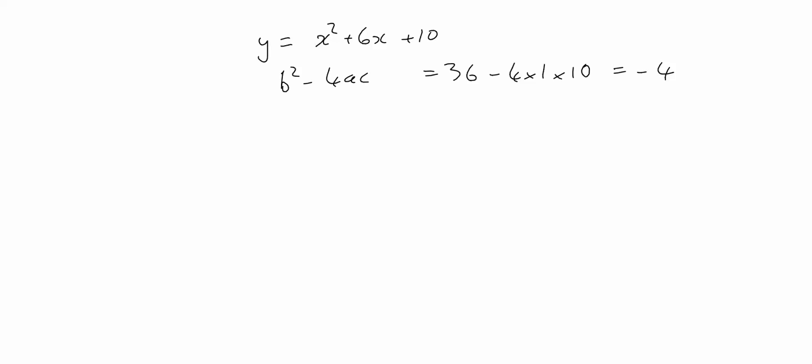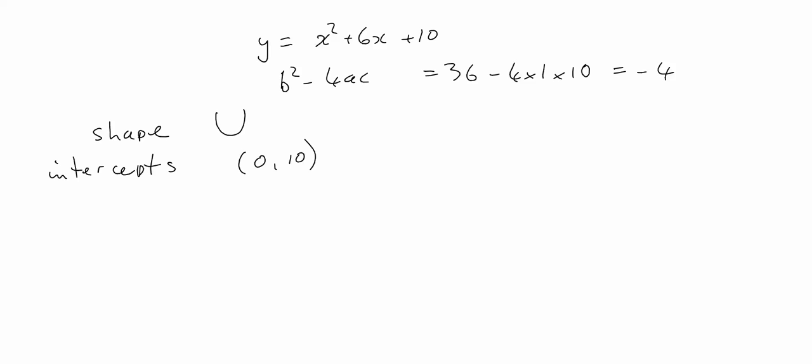So to sketch this, we first start with the same process. What shape is it? We see the coefficient of x squared is positive, so it's like that. The intercept with the y-axis is where x equals 0. We still have that, so we have 0, 10, but we don't have any intercepts with the x-axis.